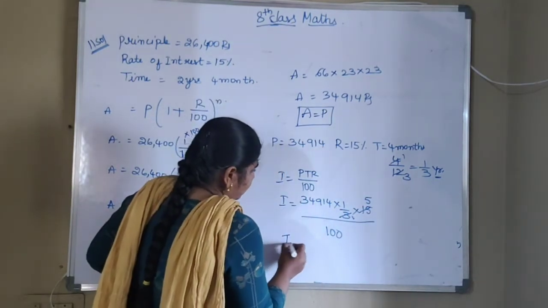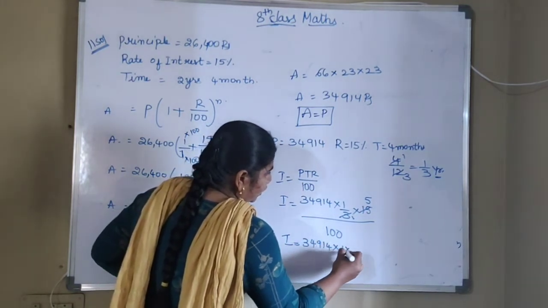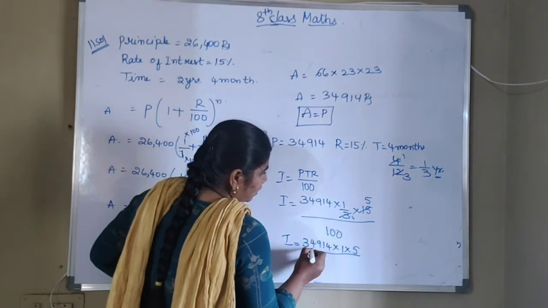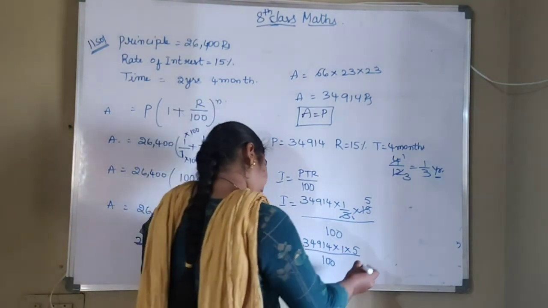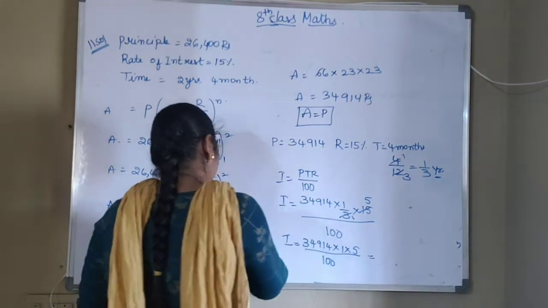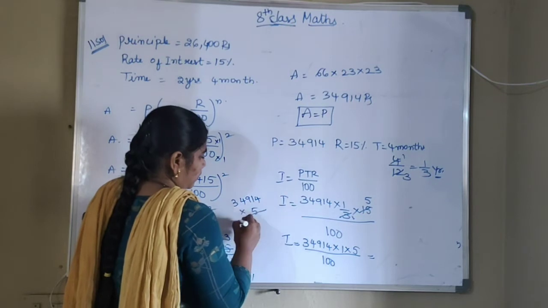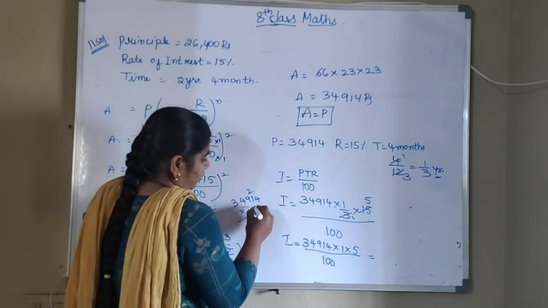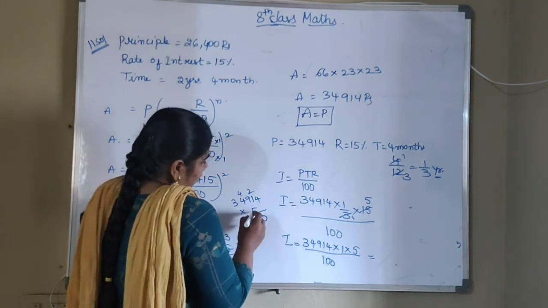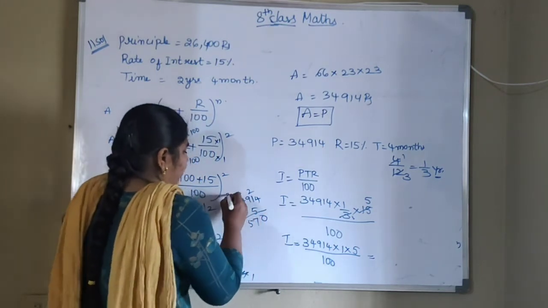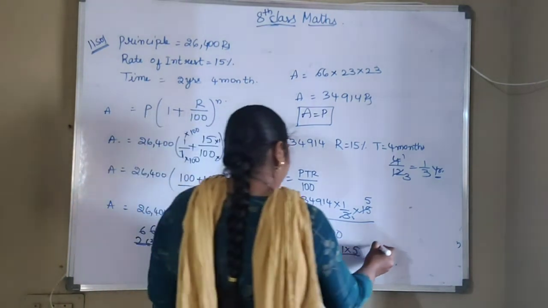So I is equals to 34,914 into 1 into 5/100. So multiply these two values now. 5 fours are 20, 5 ones are 5, 6, 7, 5 nines are 45, 5 fours are 20, 24, 15, 16, 17.